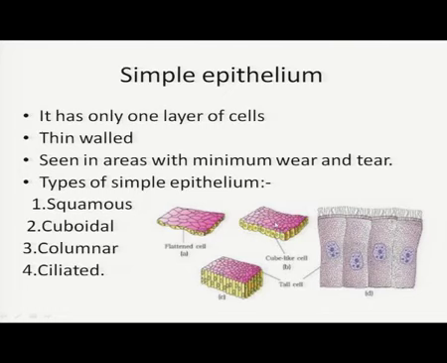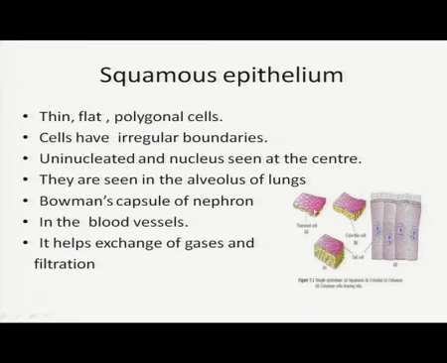Squamous, cuboidal, columnar and ciliated epithelial tissues. First category, squamous epithelial tissue. Here you can see the diagram of a squamous epithelial tissue.